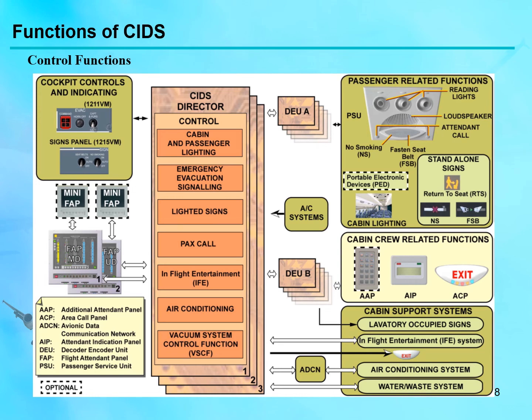And then it will go to the DEU A, and then it will actually go out to the necessary passenger related functions, or the cabin related functions, or the cabin support systems. All right, so these are the controls. Maybe I put a pointer there. So these are the controls. It will go into the director, and then out comes the output of the control.